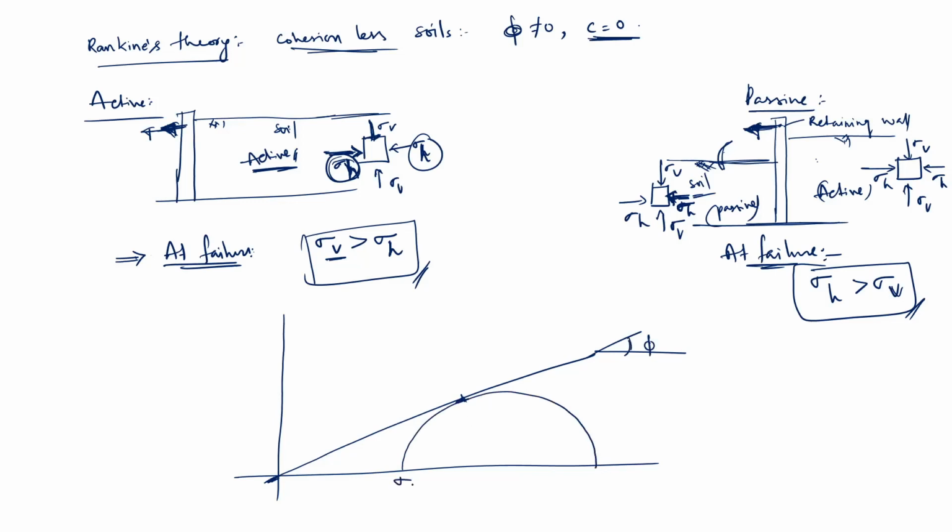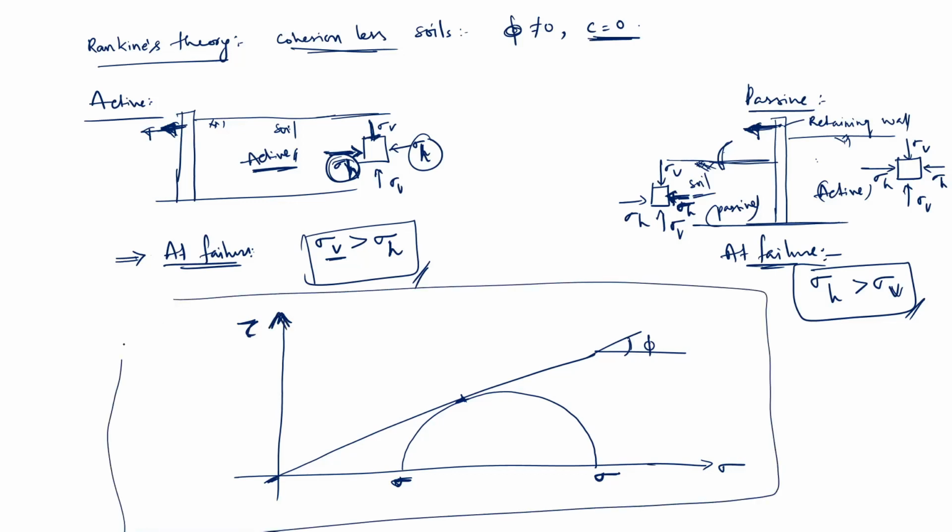This is the minor principal stress, this is the major principal stress, this is the sigma axis, this is the tau axis. This is the Mohr-Coulomb failure envelope as well as the Mohr circle for the cohesionless soil.